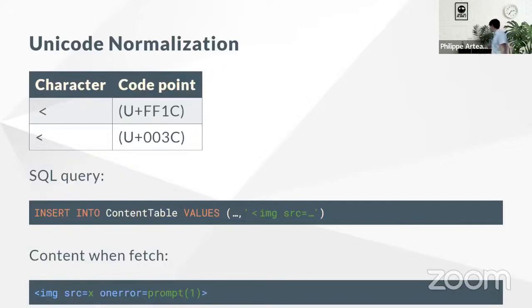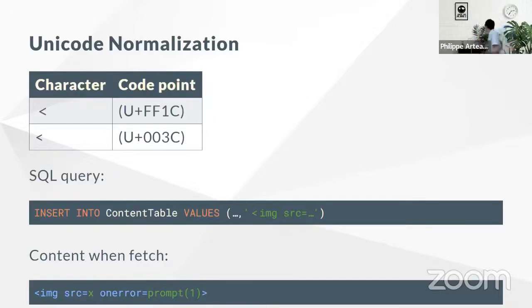One example is the default mode. I forgot the exact name of the collation or the configuration, but in SQL Server, if you store this fullwidth character with the default collation, it will convert it to simply the regular XML tag character, the lower than character.